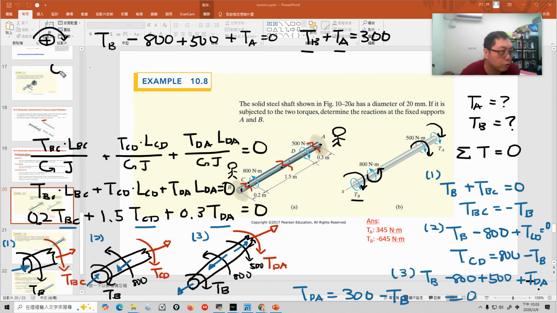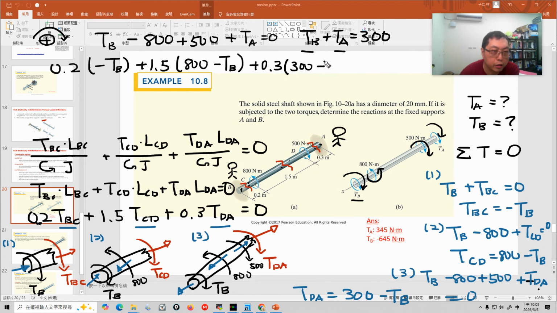So TBC is equal to minus TB, and TCD is equal to 800 minus TB, and TDA is 300 minus TB, and the total is equal to 0.